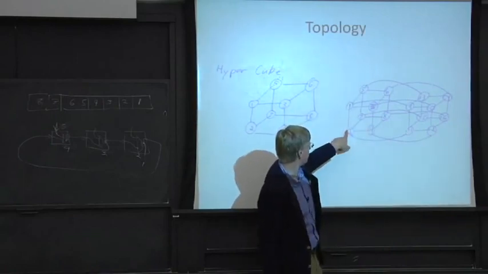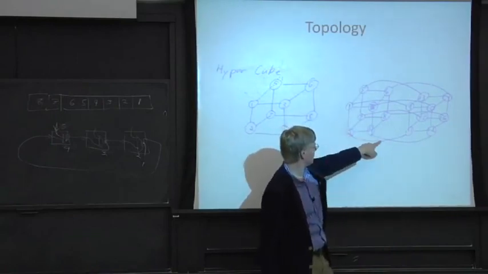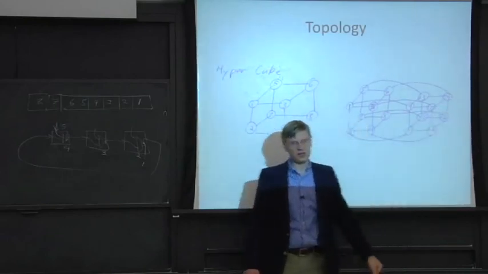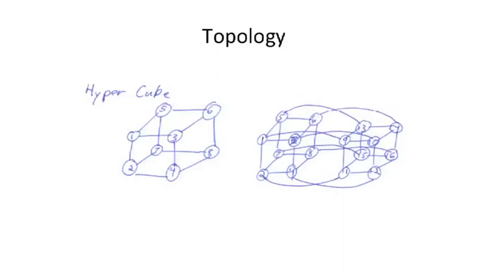No, it's the other one. OK, so it's going to be 1, 2, 3, 4 to get to there. It's going to be the farthest number of hops. So we can think about having these higher dimensional systems.